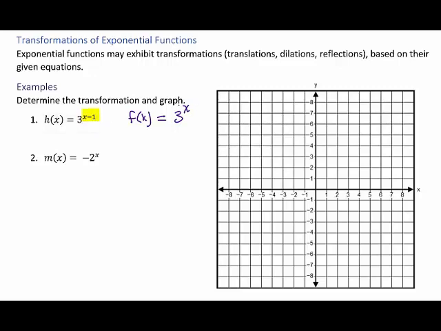The -1 is inside of the exponent, and therefore we're going to say that this is a horizontal shift to the right, 1 space. Since we already know what the graph of y equals 3 to the x looks like, using a couple of points, it passes through a y-intercept of 1 and also the point 1, 3, and now we shift that graph 1 spot over and connect those points with a curve.